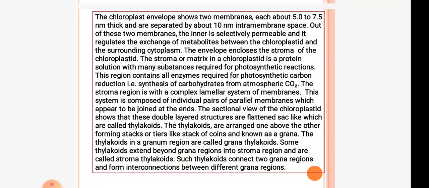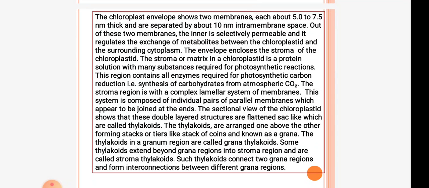The chloroplast envelope shows two membranes, each about 5 to 7.5 nm thick, and are separated by about 10 nm intramembrane space. Out of these two membranes, the inner is selectively permeable and it regulates the exchange of metabolites between chloroplastid and cytoplasm.